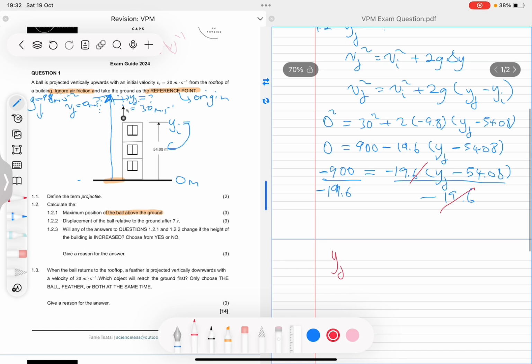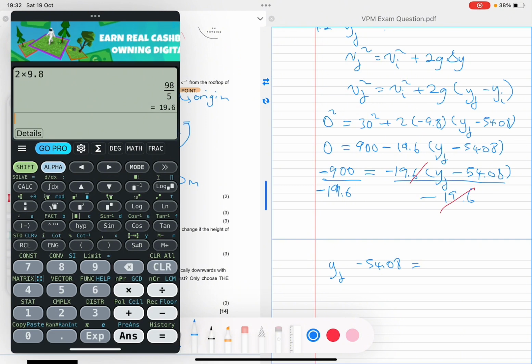This would then make the 19.6s cancel. Then I'll have y final minus 54.08 equals 900 divided by 19.6. Notice that the negative signs cancel each other, so I have 45.92.